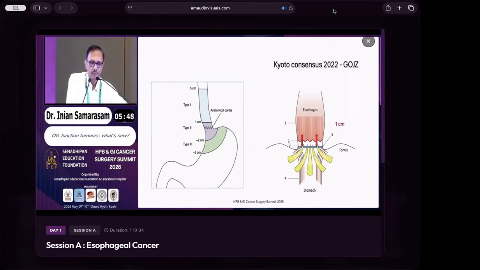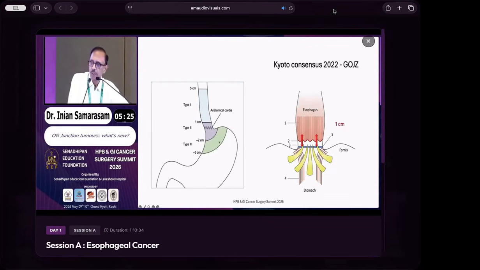And in the recent consensus meeting at Kyoto, true cardiac tumors are now thought to be straddling 1 centimeter above and below, rather than 2 centimeters below. Essentially, if you include 2 centimeters, you're also including the gastric tumors as well.